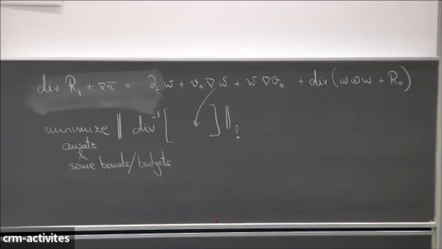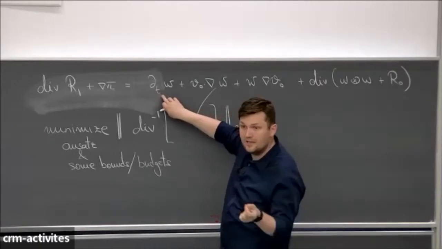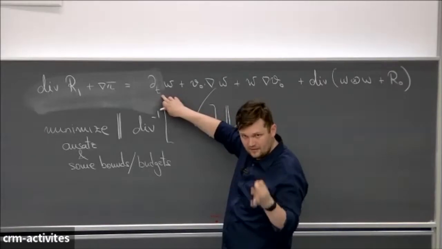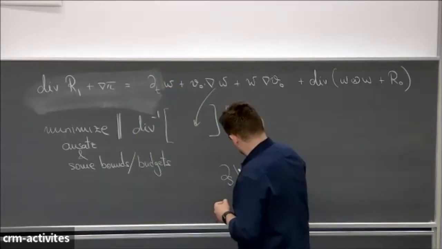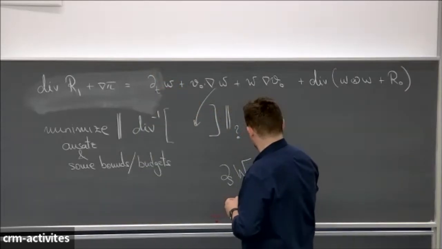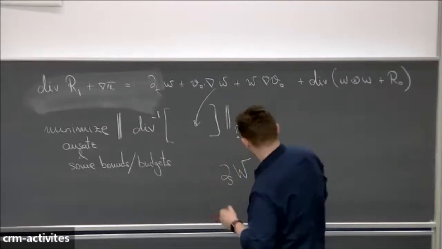Of course, you could plug this corrector ansatz into the equation, plug in that scripty W in there. Assume that these gradients only act on the fast variables. This is how you deduce your cell problem. So this would be a ds of W plus V naught dot gradient of little y.